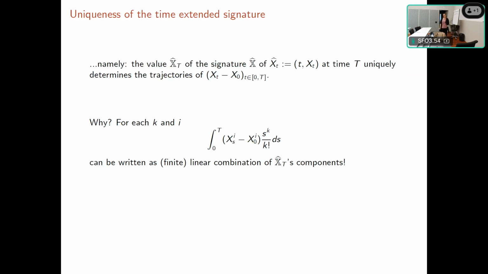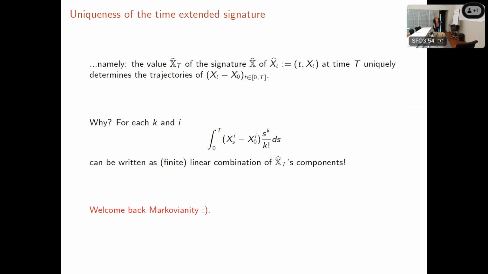And now you just need to use the fact that polynomials in time are dense on [0,T], okay, on the compact set, which means that with polynomials, with this s^k, you can approximate a bump function, no? And if you approximate a small bump function on [0,T], you can let this integral concentrate around a single point of x. And so knowing this for every k will let you also identify exactly what is the value of x in every point. So knowing the signature, you also know x in every point between 0 and T.